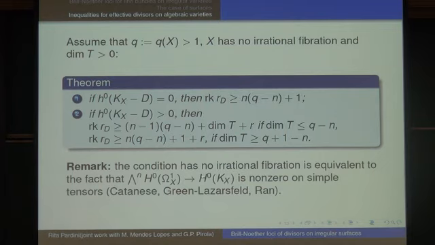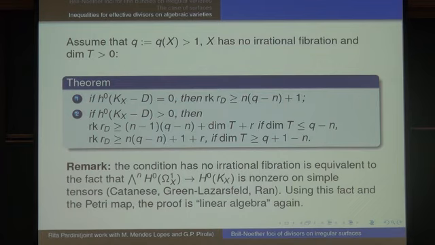It's a famous theorem, the generalized Castelnuovo theorem, I think due independently to Fabrizio, Green-Lazarsfeld, and Ran, or I don't know exactly the priorities, but the main point is that this geometrical condition you can understand, again, let's say by linear algebra, just looking at wedge products of forms. And then, granted this, and using the Petri map, again, you do some advanced linear algebra and prove this theorem.